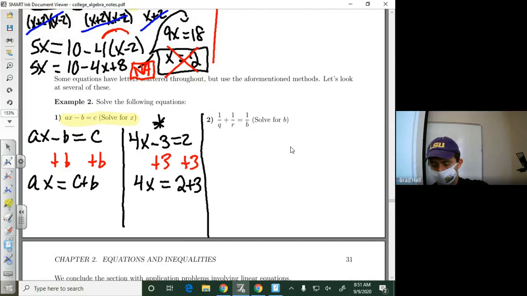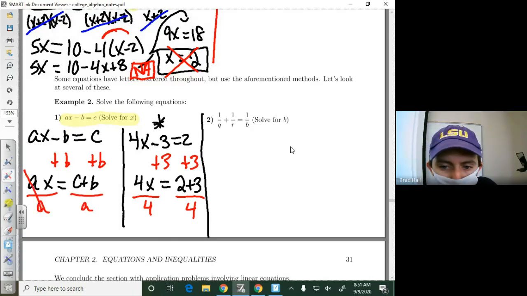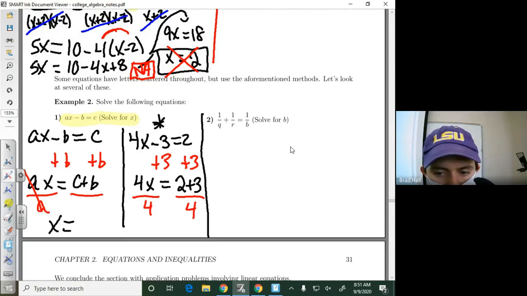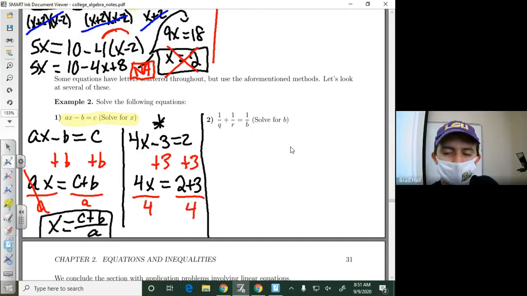For that equation, the final step is to divide both sides by 4. That's exactly what we would do on the left side here, but 4 is A. And that would be the answer.